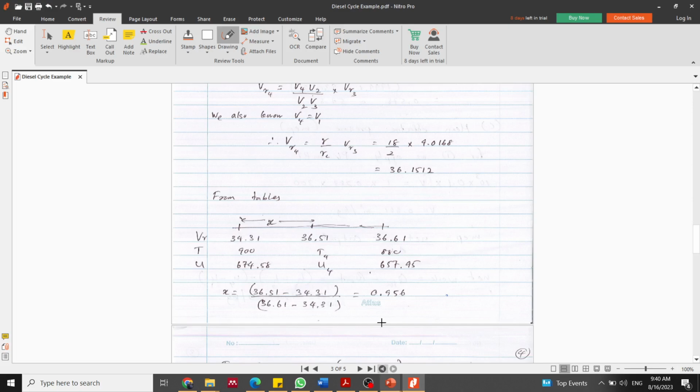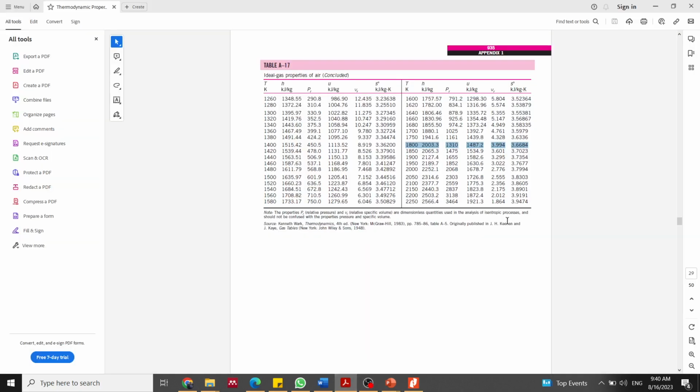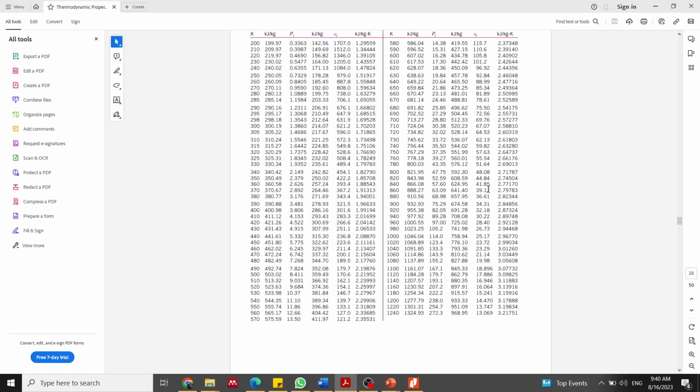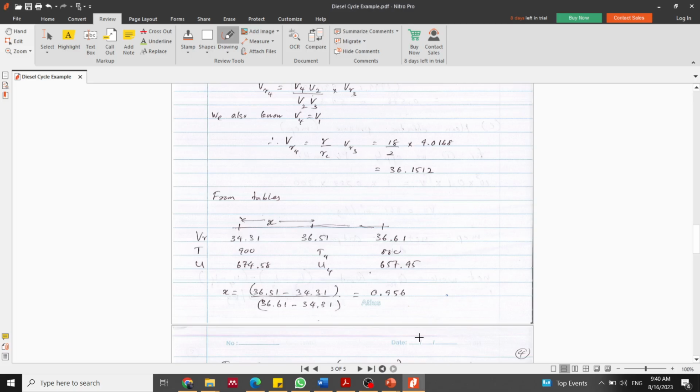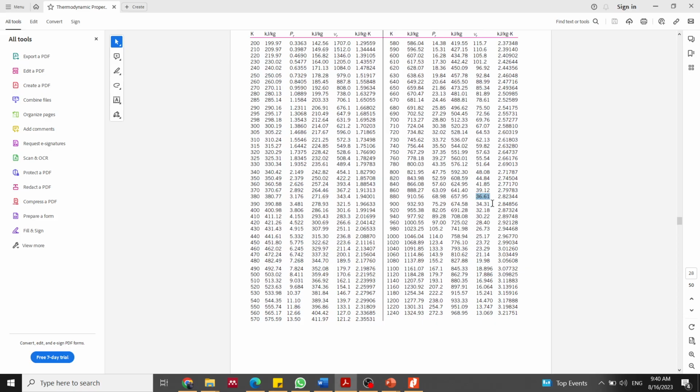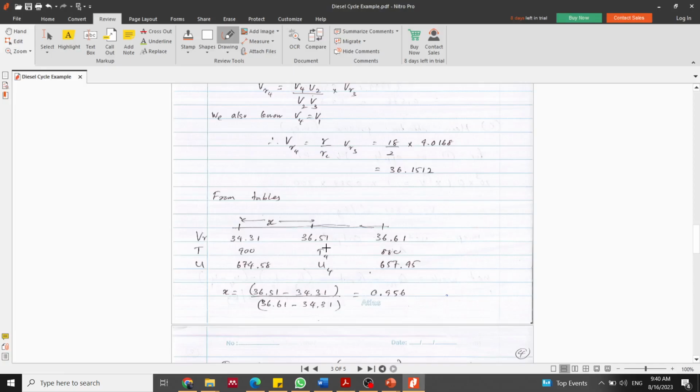36.1512. We refer to the tables. We are looking into VR 36. Our value, 36.61, we have the exact value. Sorry, we are using 36.15.